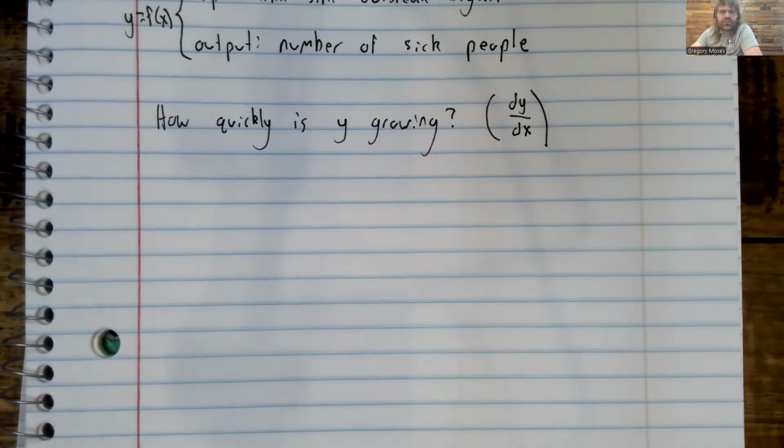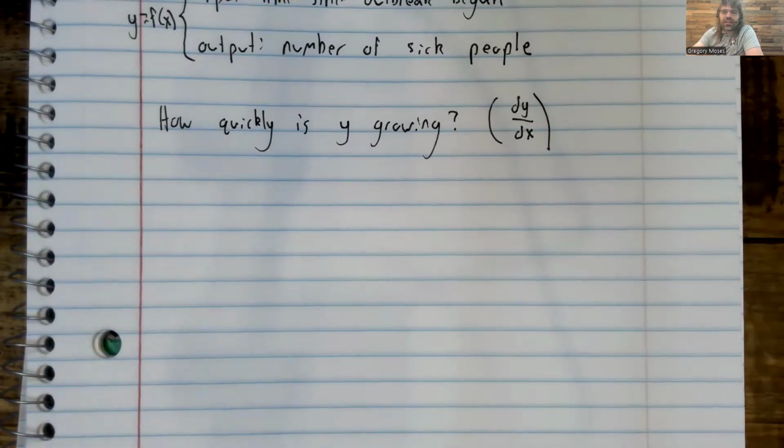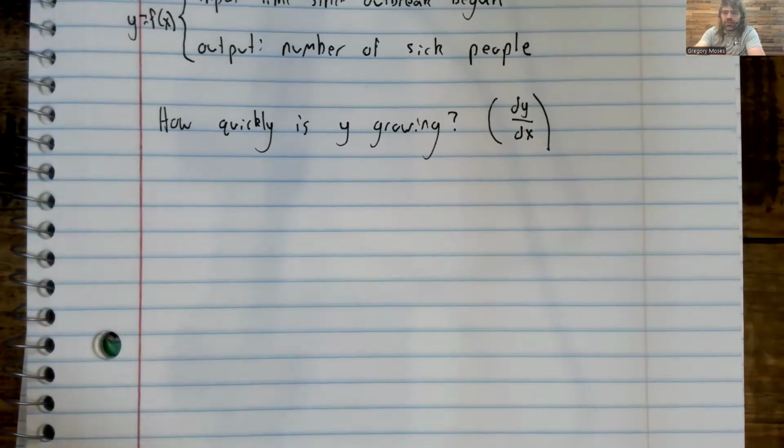So every infectious disease has what's called a basic reproductive ratio, which answers the question, how many people are going to get sick via contact from a sick person?